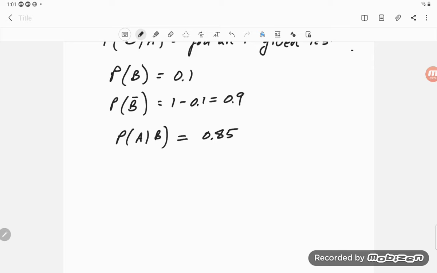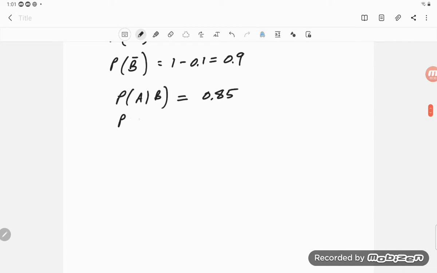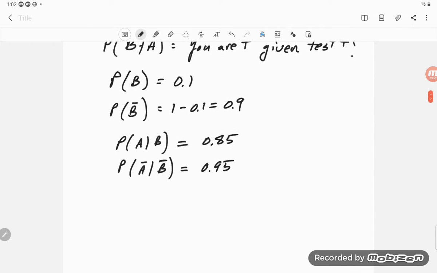Let's say it's 85%. We're just picking some numbers here. And similarly, we might know the probability of testing negative given you are negative, and maybe that in this case is even higher, maybe 0.95. So those are the numbers we know.